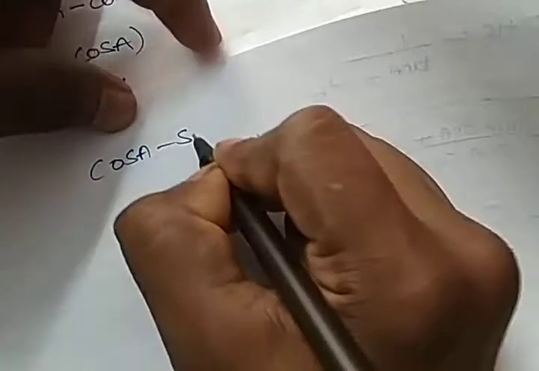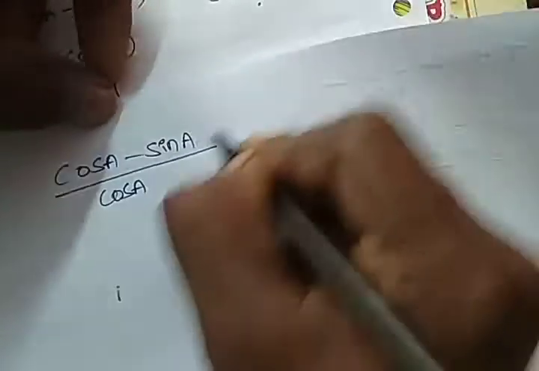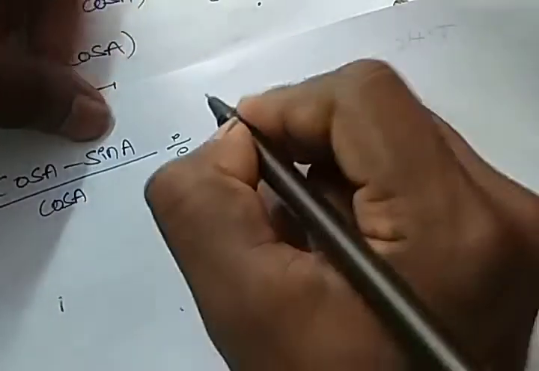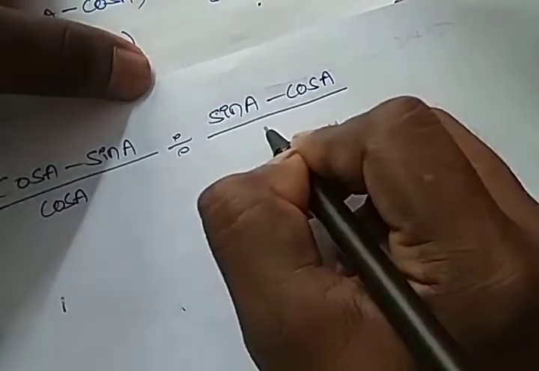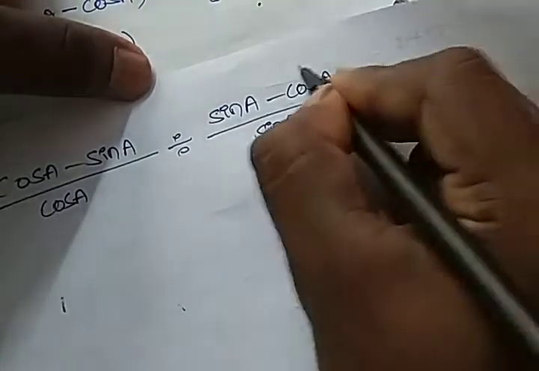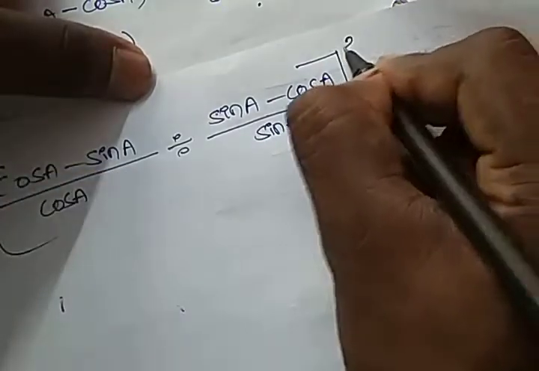So what happens? यहाँ पे (cos A minus sin A) by cos A, divided by (sin A minus cos A) by sin A, पूरे का होल स्क्वायर.